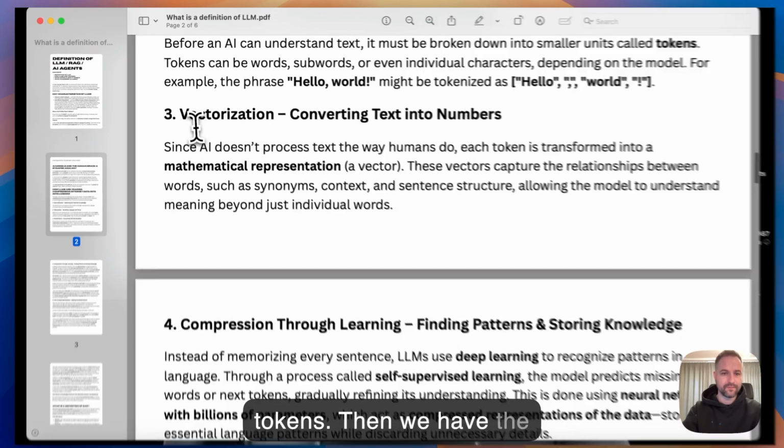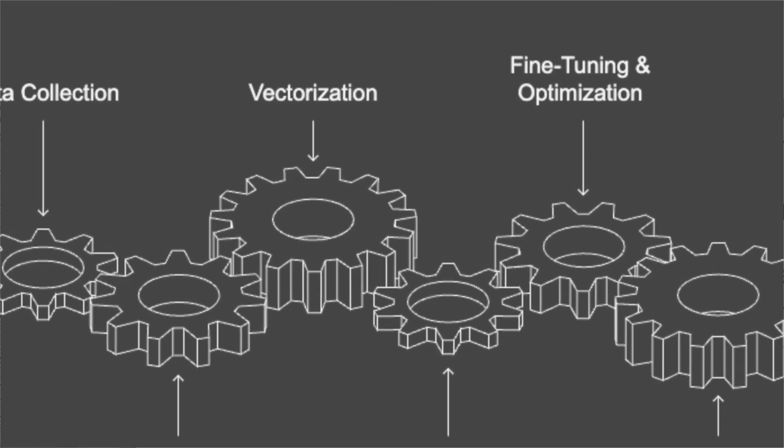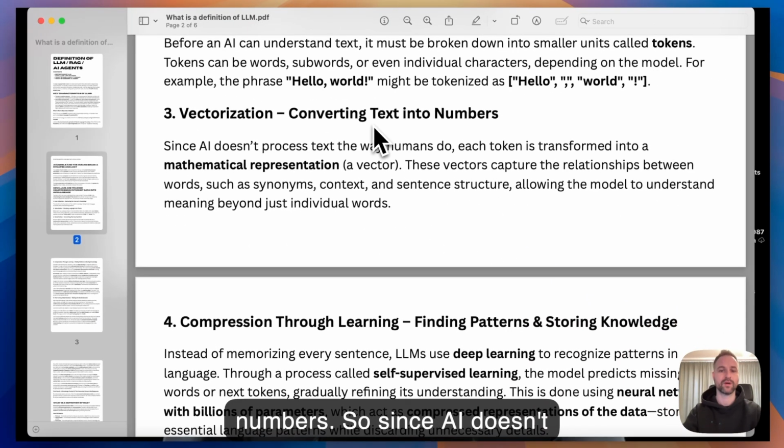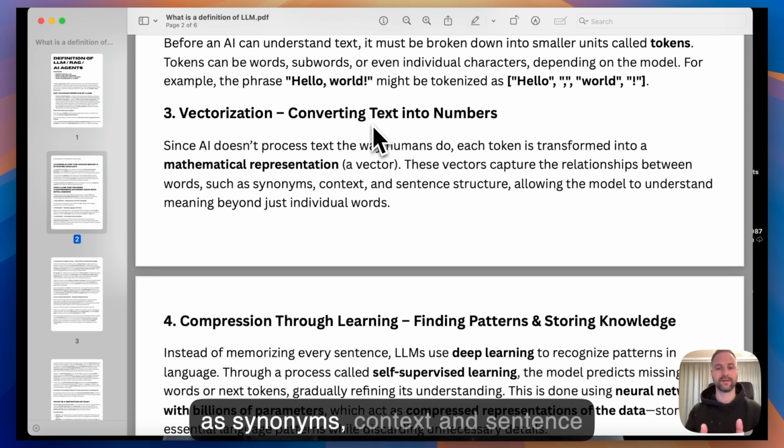Then we have vectorization, converting text into numbers. Since AI doesn't process text the way humans do, each token is transformed into a mathematical representation, a vector. These vectors capture the relationships between words, such as synonyms, context, and sentence structure, allowing the model to understand meaning beyond just individual words.